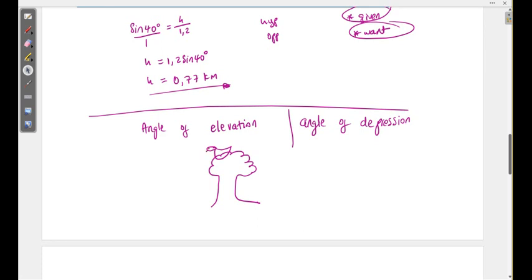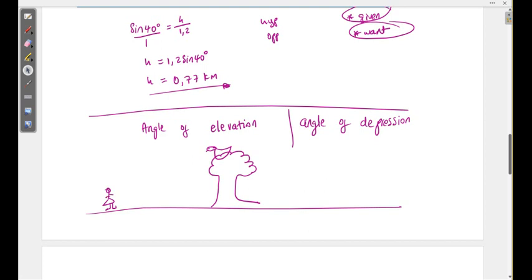Now, if you are here, this lady who is here, when she's looking at the bird, she looks up. In fact, this lady, she's too tall. Sorry, let me make her a bit shorter. Okay, here's the ground, and then let's make her a bit shorter. Right, like this.